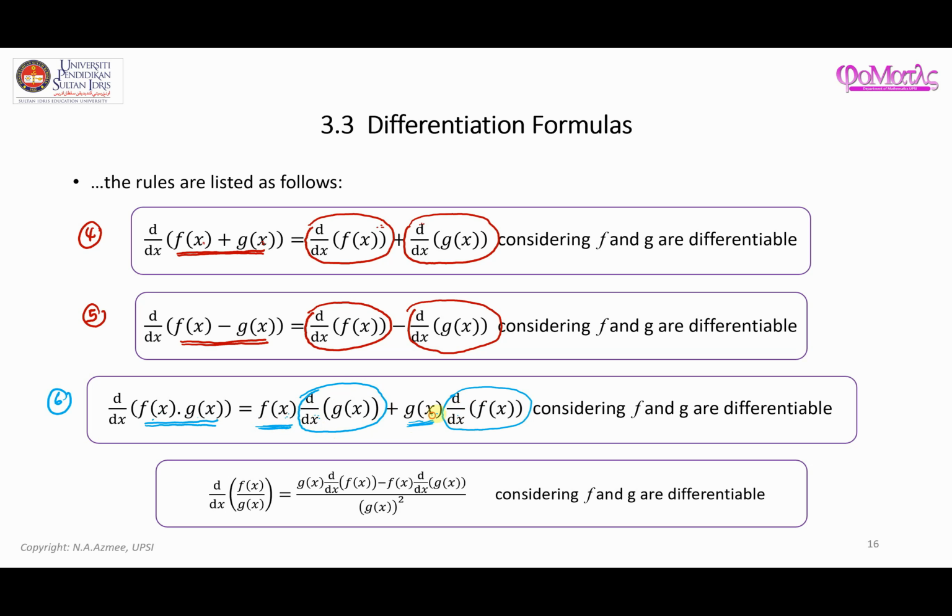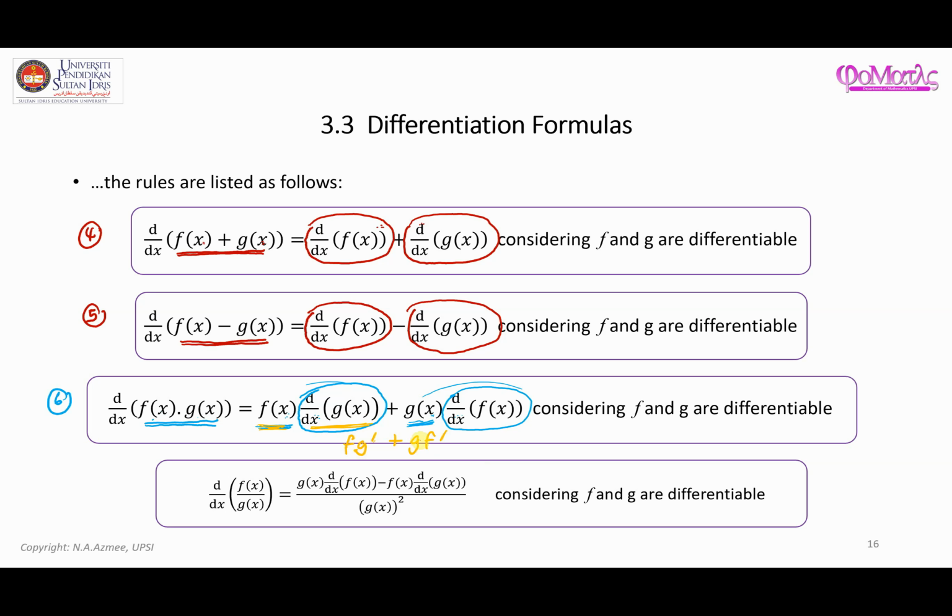And it is also normal that this process here is given a different notation, and the notation is f g prime plus g f prime. So f here means you maintain the function f of x as it is. g prime means you have to find the derivative for function g.